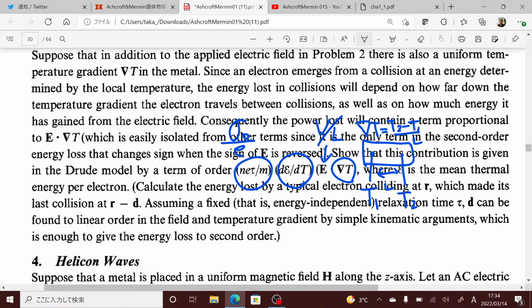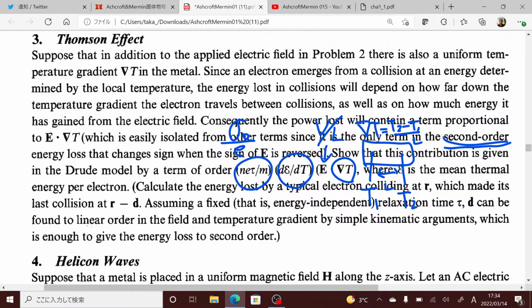I'm not quite sure what he means by second order. Second order.